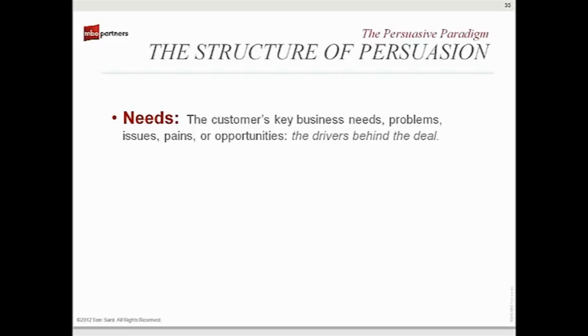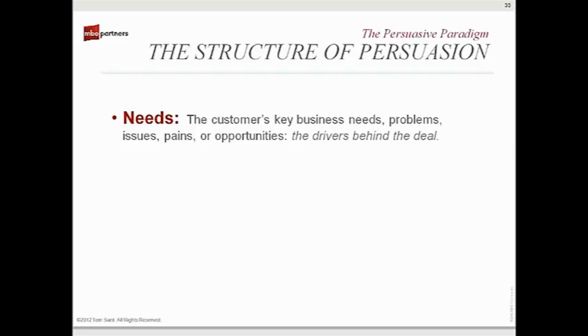The first question, am I getting what I need? So doesn't it make sense that the first thing we should be talking about in the proposal, right up front in the executive summary, is our understanding of your needs? These are the challenges you face. This is the opportunity you want to capitalize on. This is the problem or issue you want to overcome. If we do that, we get their attention.